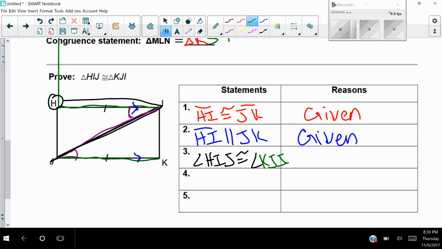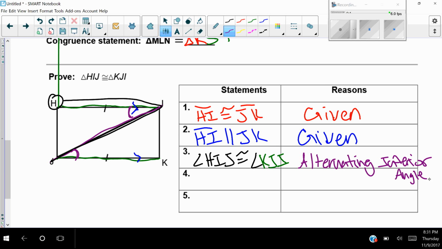And I know that these two purple angles are congruent because they are alternating interior angles. So because of the alternating interior angle theorem.